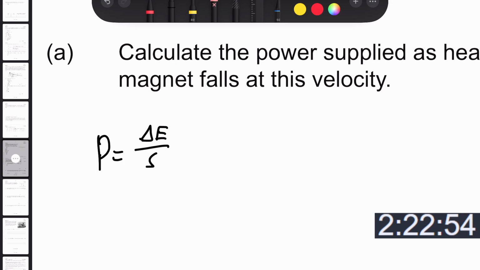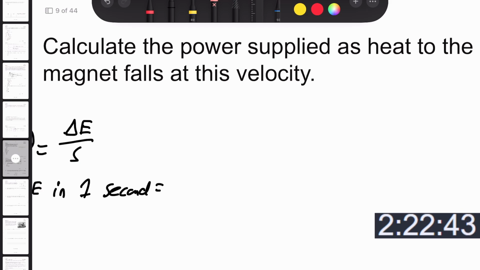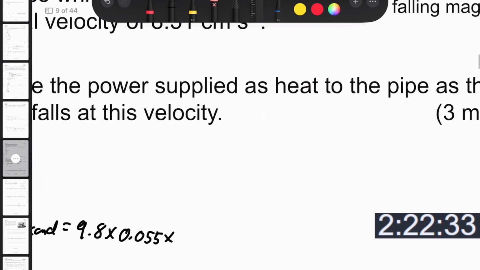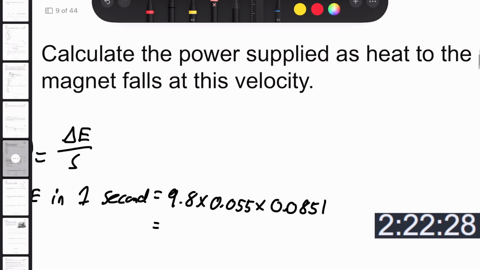so then we can say that delta E in 1 second is just going to be the change in gravitational energy, so it's equal to 9.8 times mass, which is 0.055, times height, and we move 8.5 centimeters, so 0.085.